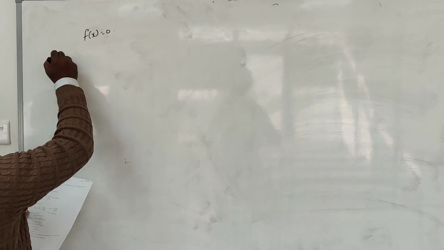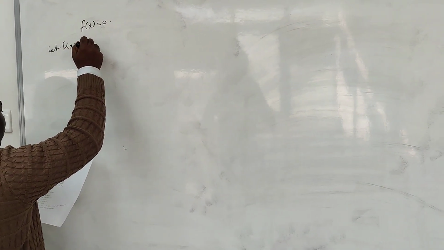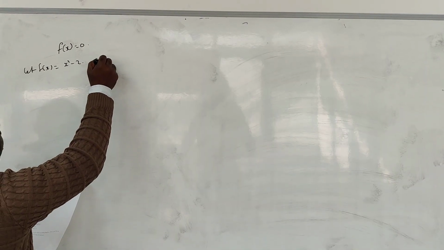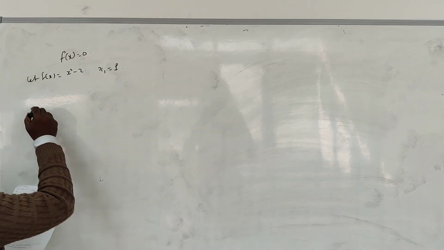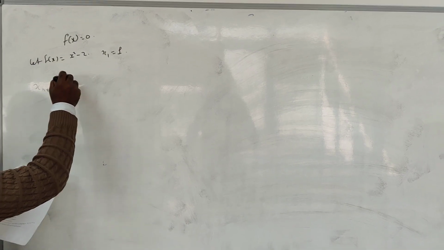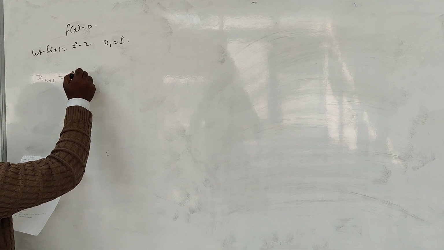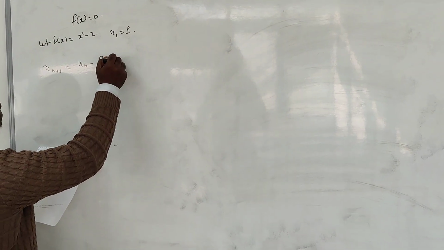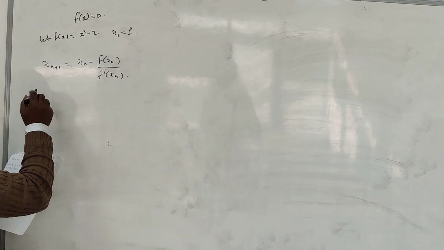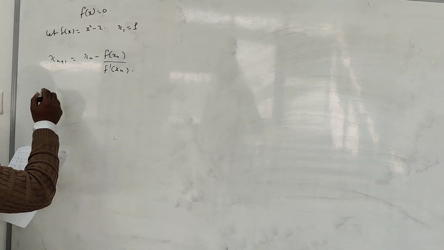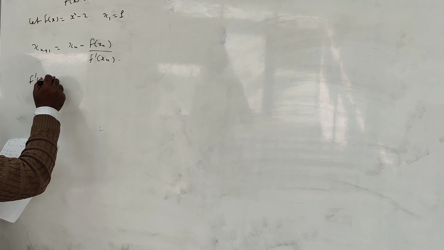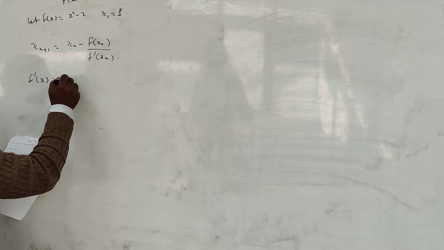Let's take our f of x to be equal to x squared minus 2 and our x1 to be given as 1. Don't forget that Newton's formula is given as x n minus f of x n over f prime of x n. The first thing for us to do is to find f prime of x, the first derivative of f of x, which is 2x.